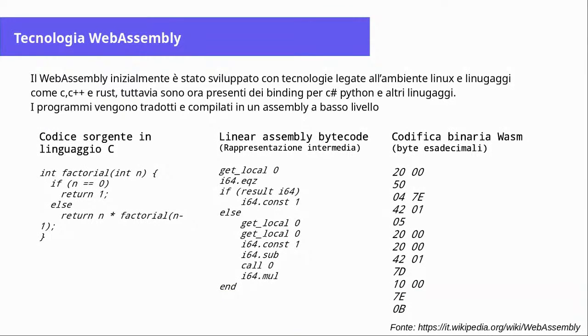WebAssembly has three types of representation on the web. We have the simple source code in C language, and here a factorial function, a linear assembly bytecode.